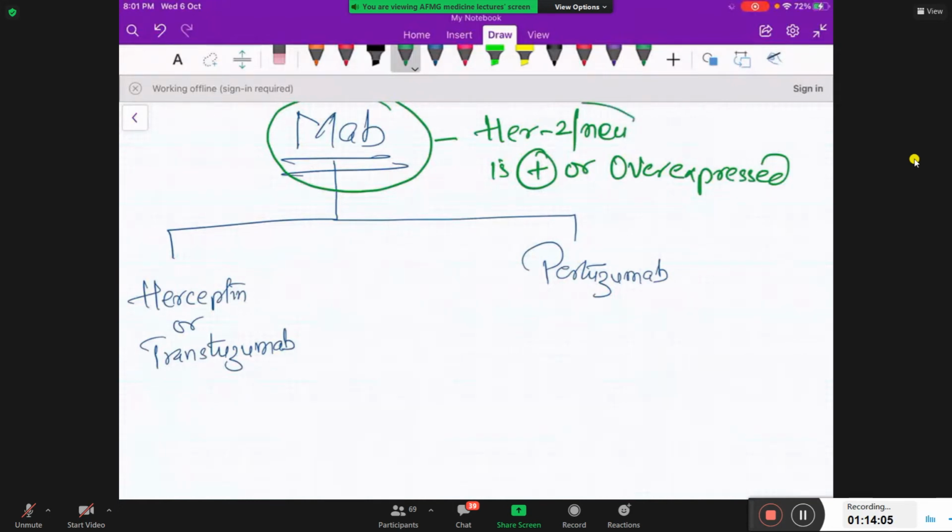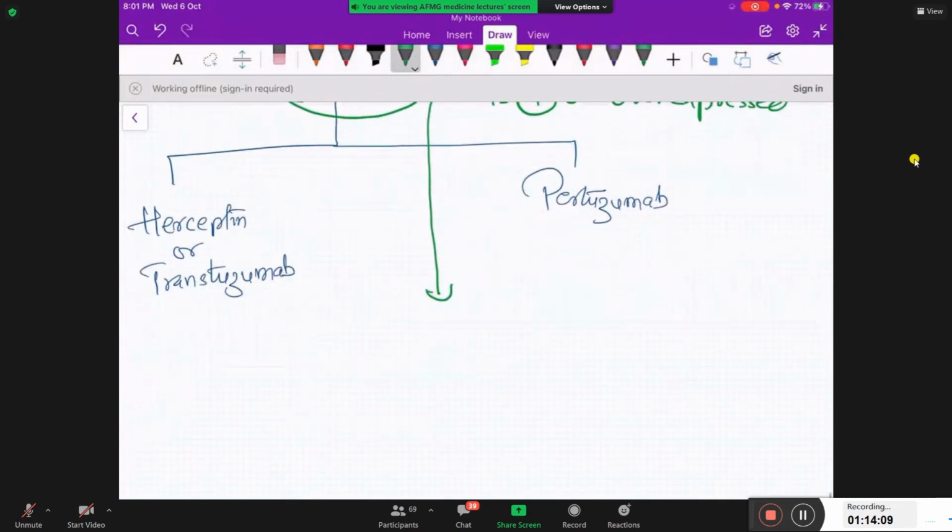Now what is this HER2/neu? A question asked. HER2/neu is a growth factor.